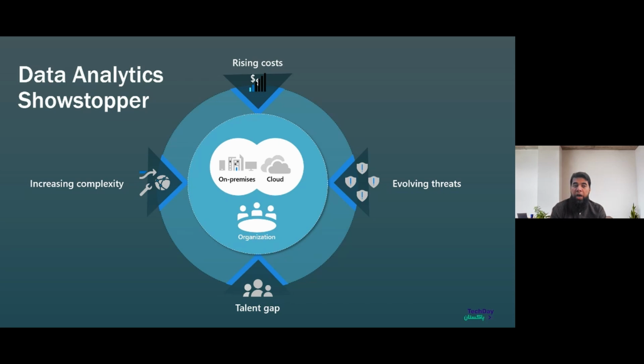So that's how we are overcoming the complexity scenario, where we opt for a new stream and have a very limited skill set available within the organization. As far as evolving threats, we are strengthening our security by opting for new generation security features.